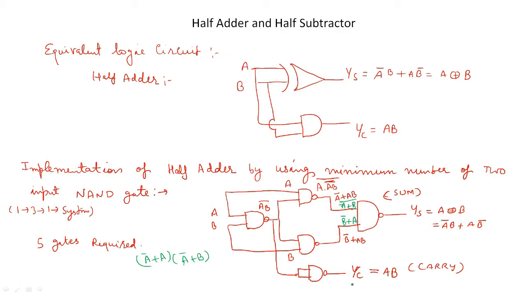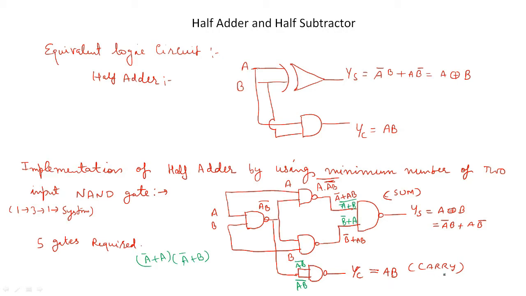So when we apply it on this NAND gate, and the inputs are common, your output will be equal to AB, because this input is AB whole bar and this input is also AB whole bar. So when you use the AND operation and then a NOT operation, your output will be AB, so it will give you a carry.